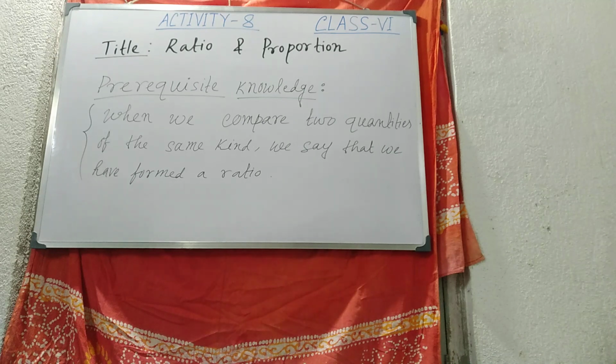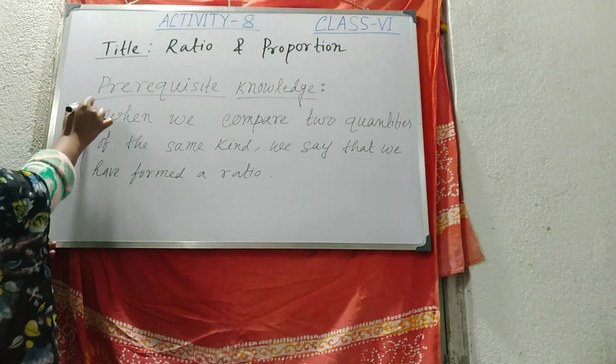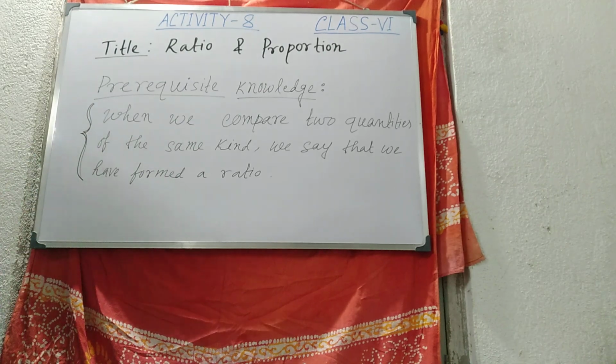Means we can represent any two quantities in ratio form if and only if they are of the same kind. That part we have to know before doing this activity.